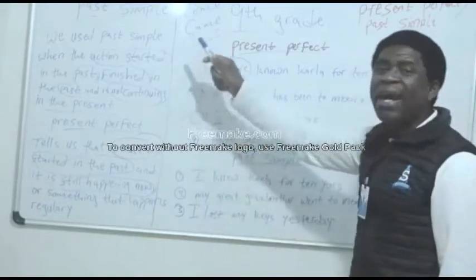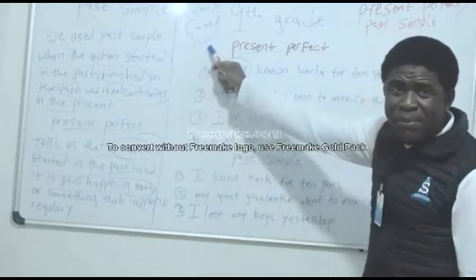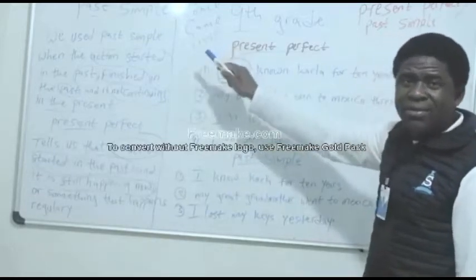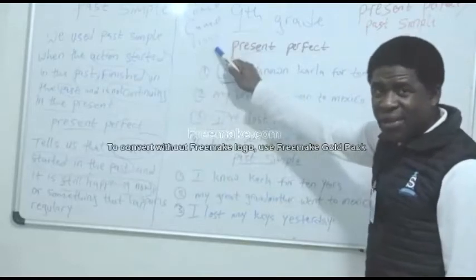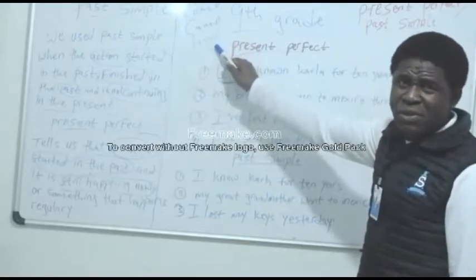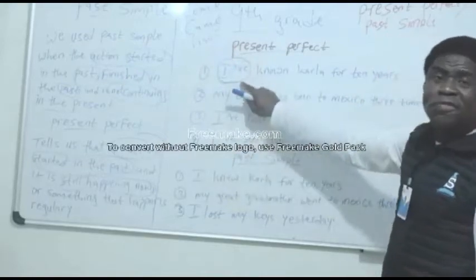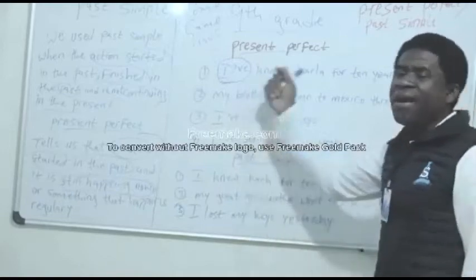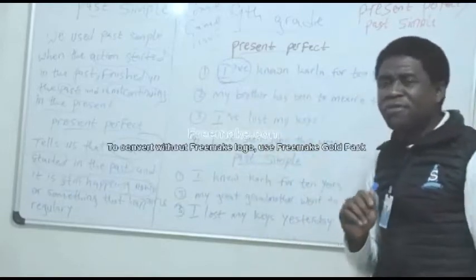This is I have. Repeat after me, please, student. I have. Repeat. I have. Again. I have. Thank you very much. But in this short form, you use I've. A short form.